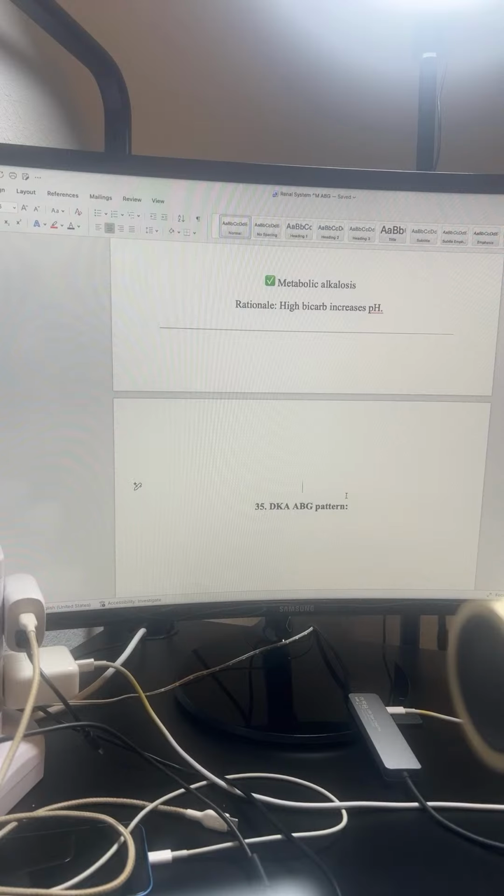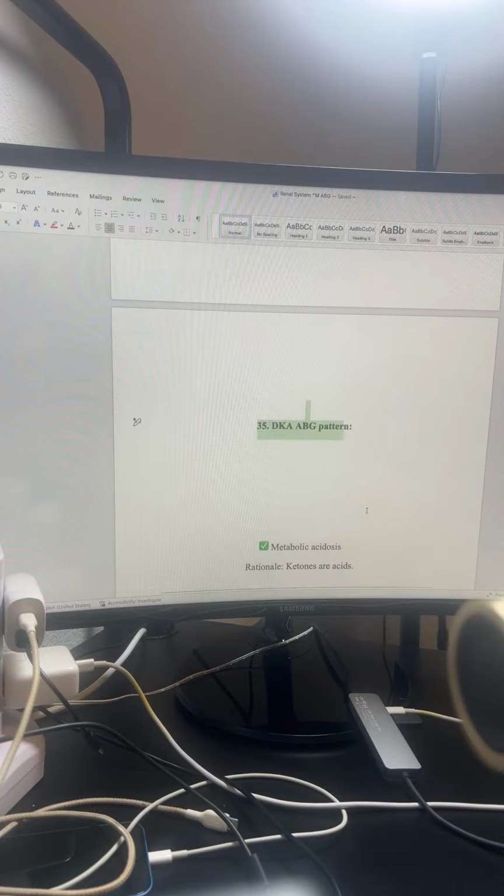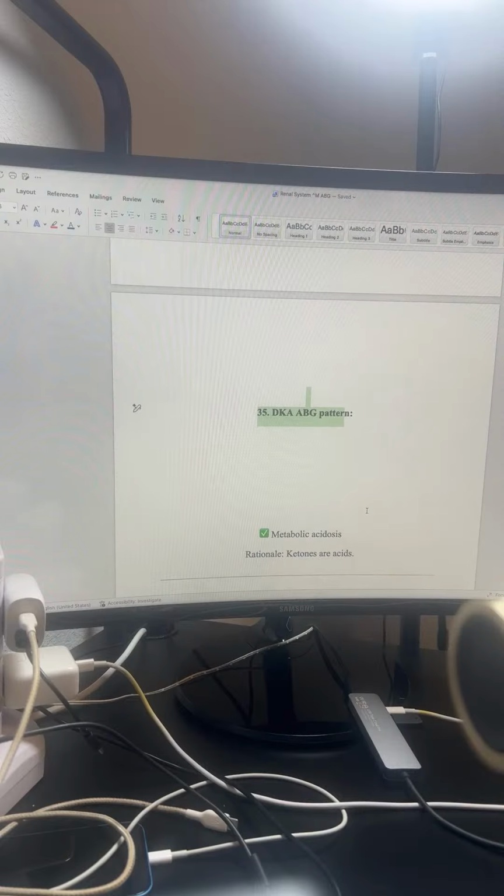What ABG pattern is seen in DKA? Metabolic acidosis, so you will have your low pH and low bicarbonate.